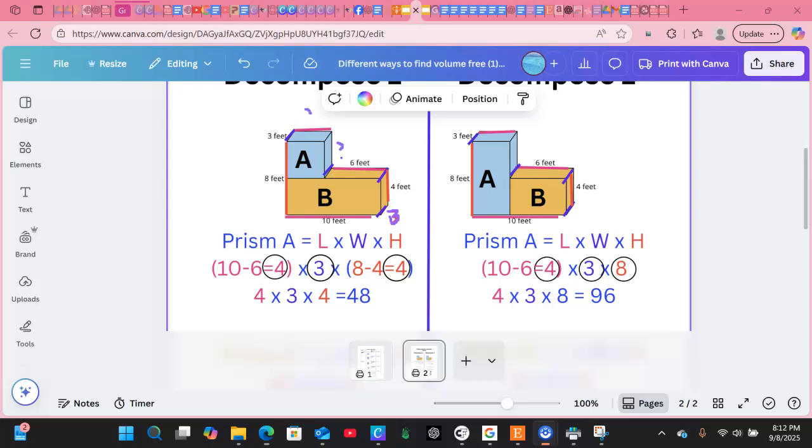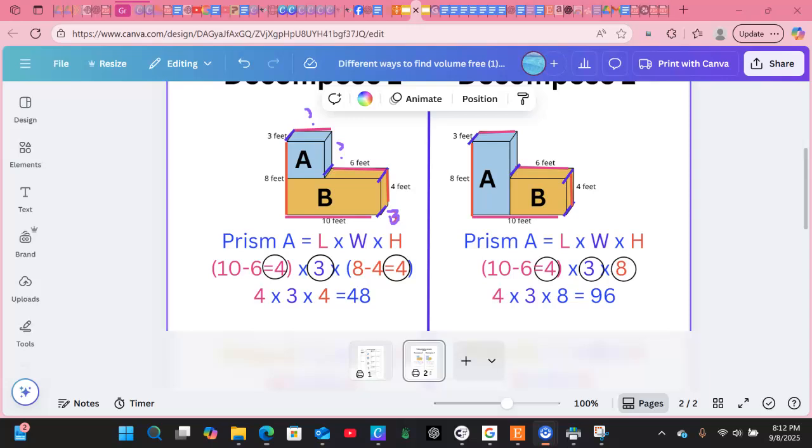And what is it right here? All right, now let's take a look at our prism. Prism A. So our length, we said that this whole part right here was 10, but it cuts off right here at 6. So if this is 10 and this is 6, 10 minus 6 equals 4.